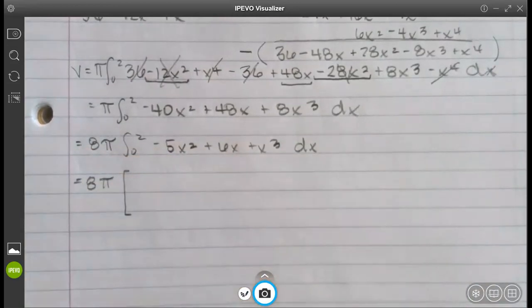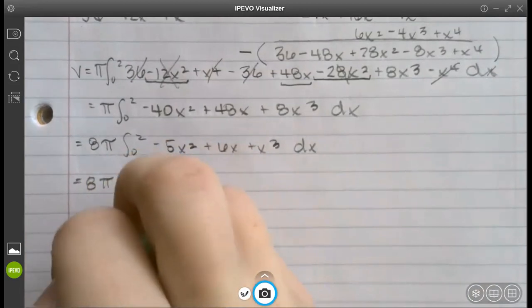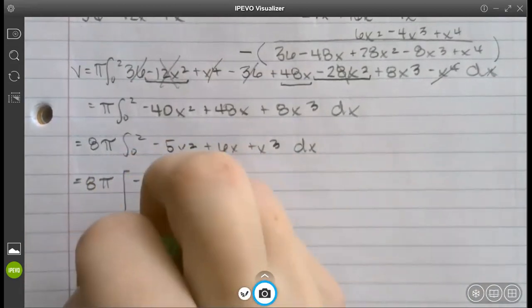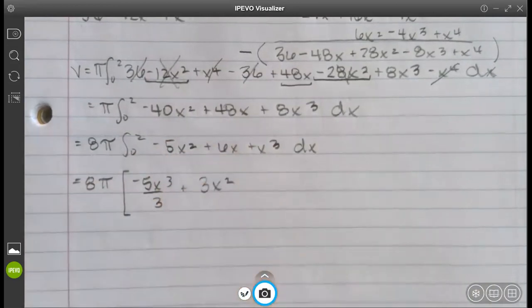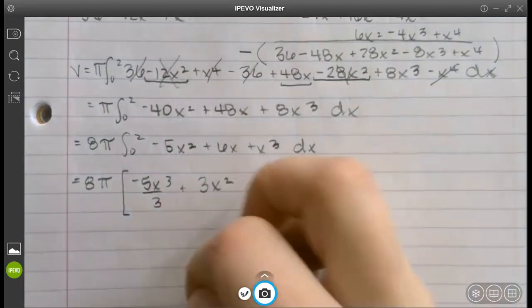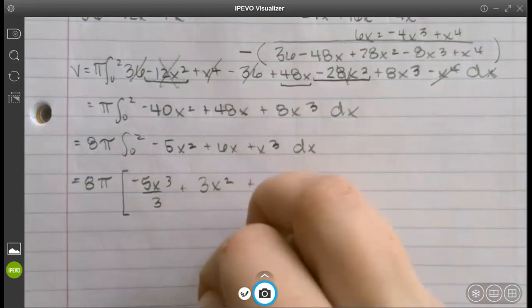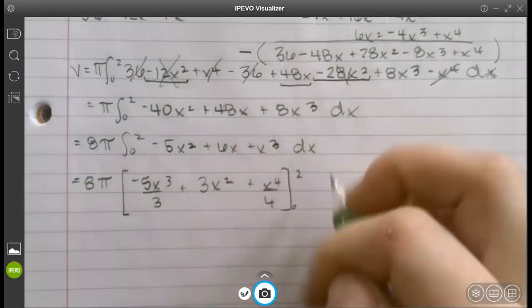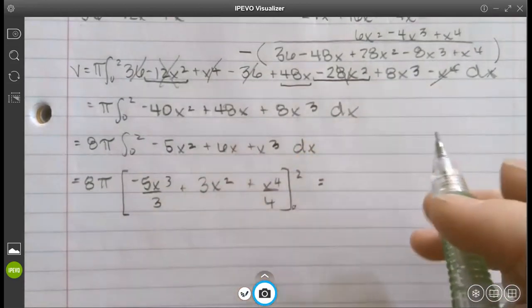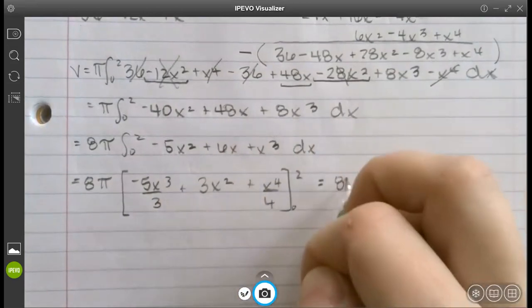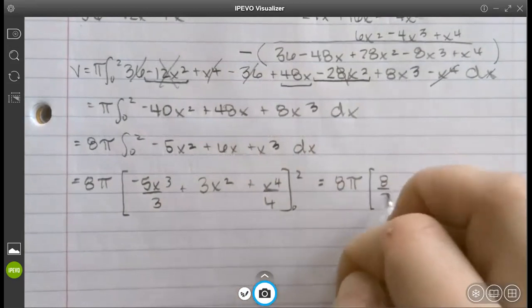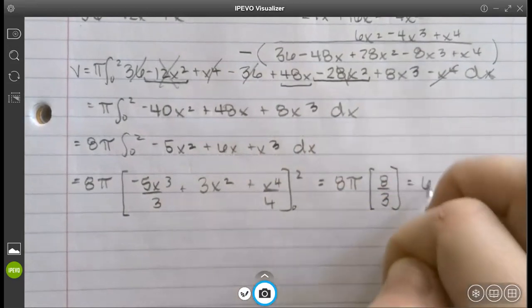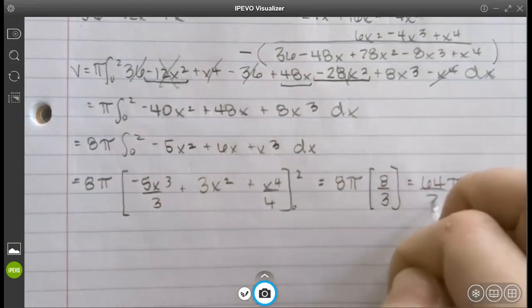Integrate negative 5x squared plus, which actually turns into 3x squared, and then from 0 to 2. When you finish this out and you plug in your 2, it's going to give you 8 pi times 8 over 3, which gives you 64 pi over 3.